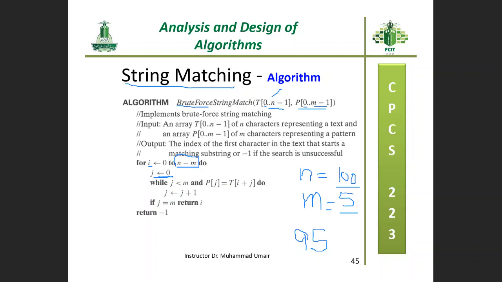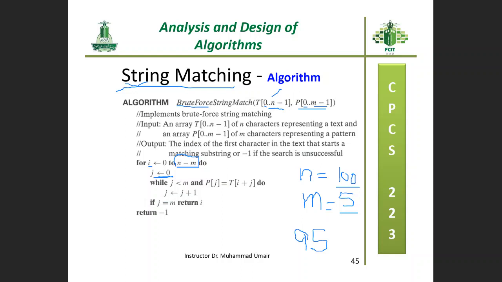Is that clear? This is the basic idea of brute force technique for string matching. The leftmost character will be compared first, then the next, then the next, and the last character will be compared later on. So the comparison will be from left to right.